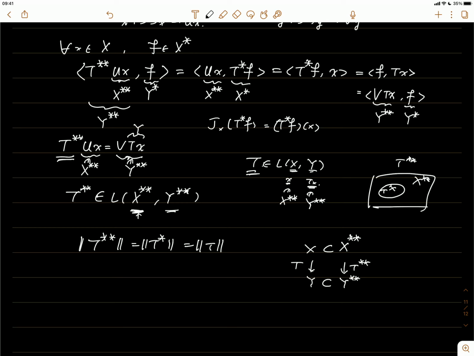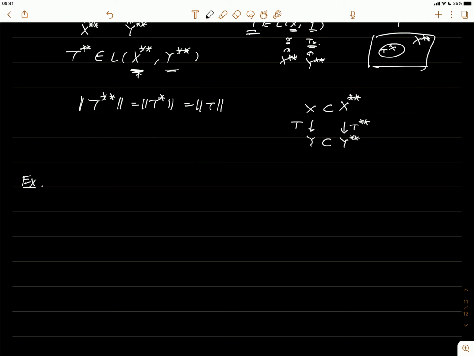Okay, so now let's look at some examples. This example involves convolutions. So let's think about a measurable space.